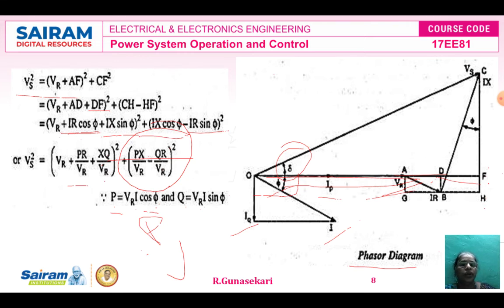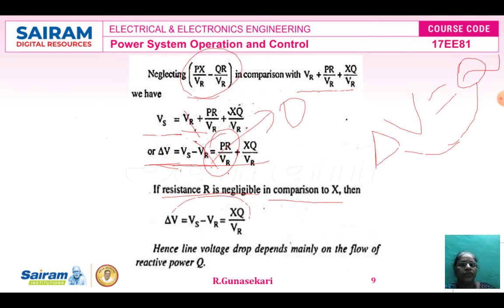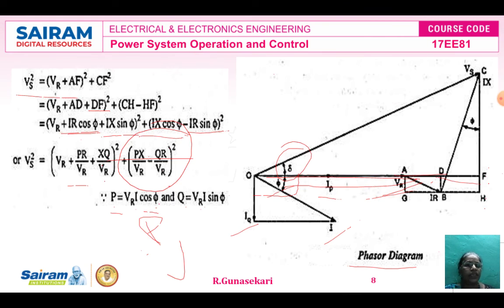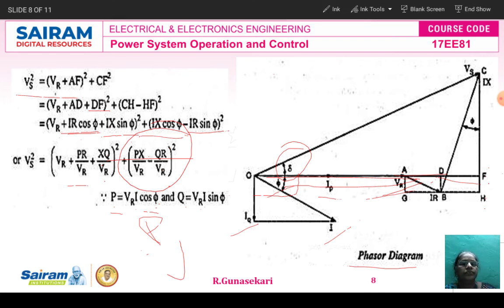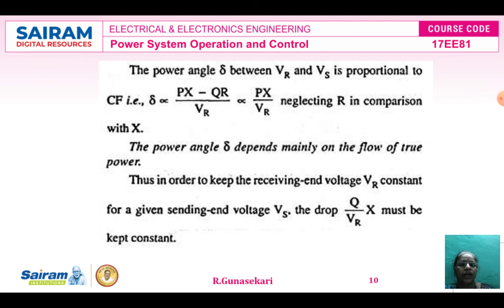Now you see the power angle delta between VR and Vs is proportional to CF only. In the vector diagram, this is the CF. So therefore the power angle delta between VR and Vs is proportional to CF.